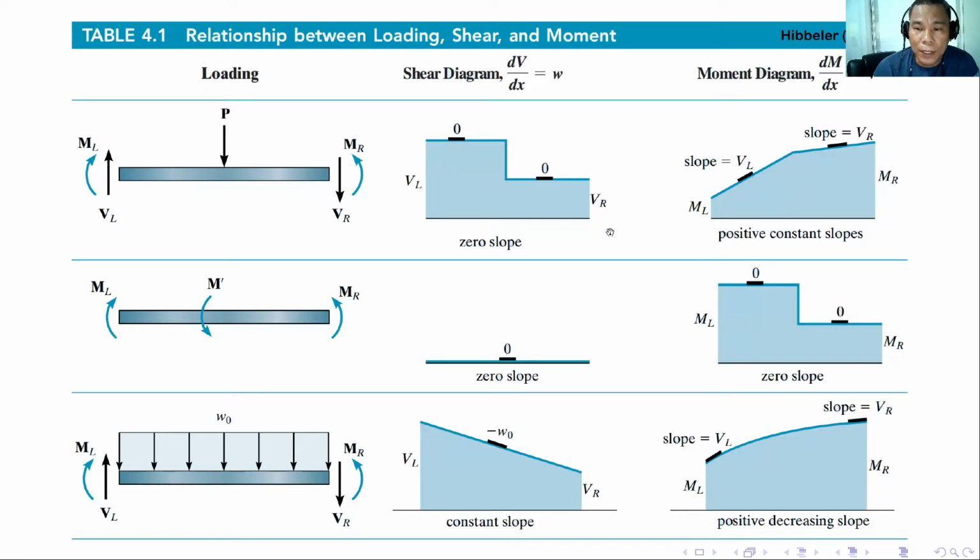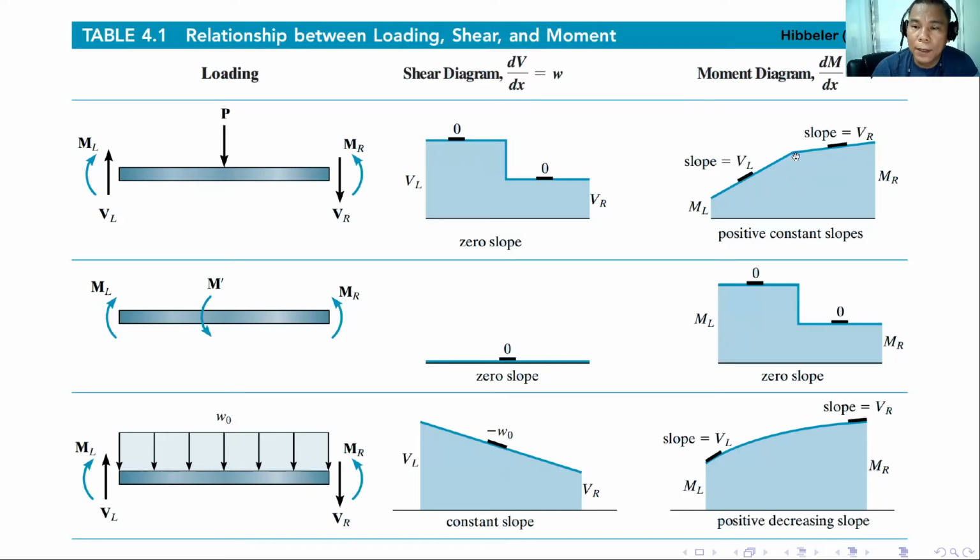With that, we can also see the moment diagram here. We have a jump ML because this is positive. It will jump ML, and then the slope. Remember, the slope of the moment diagram is simply equal to the shear. So here, the slope will be equal to VL because the shear at this portion is equal to VL.